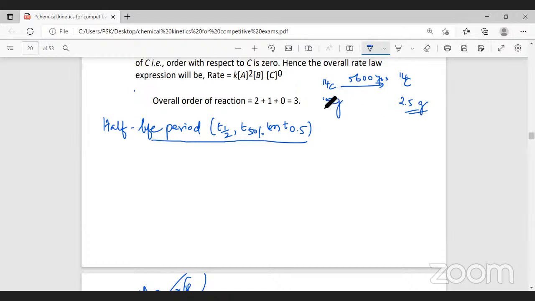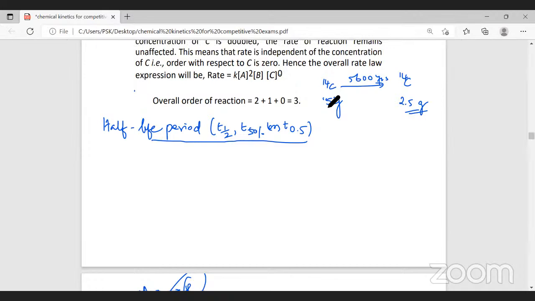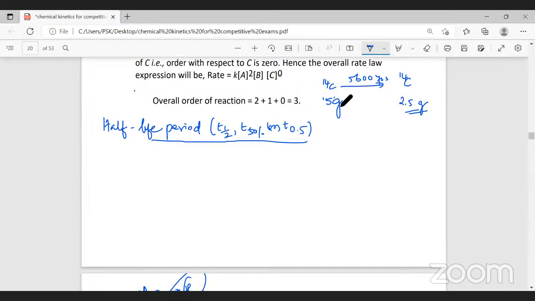Now tell me, is the amount of carbon 14 reduced to 50% exactly? Yes or no? Here it is 5 grams, here it is 2.5 grams.